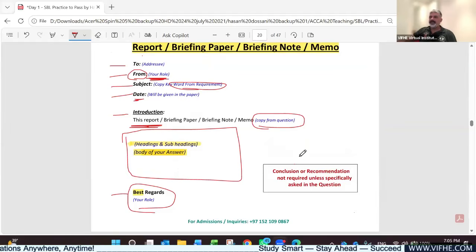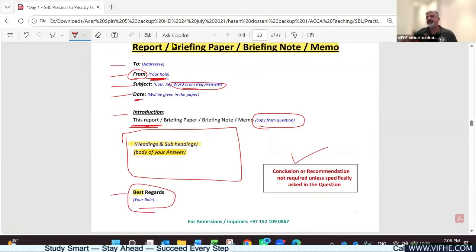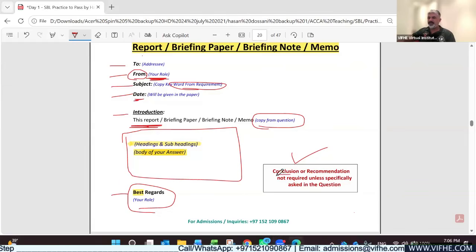Now, what about this one? Should we give any conclusion or recommendation at the end of the report or the briefing paper? No. We should never give any conclusion or recommendation voluntarily, unless a conclusion or recommendation is required in the task.